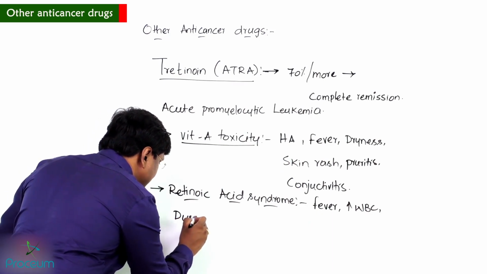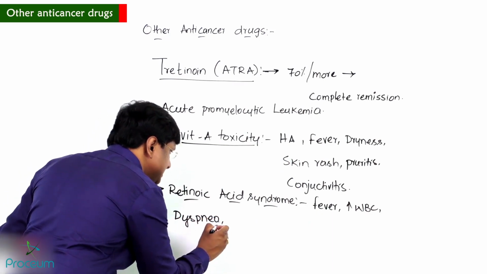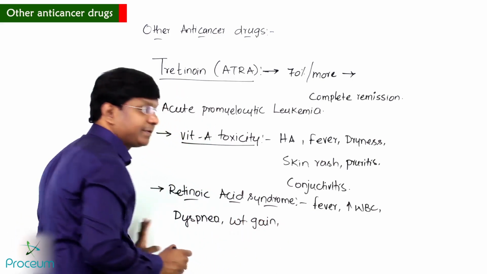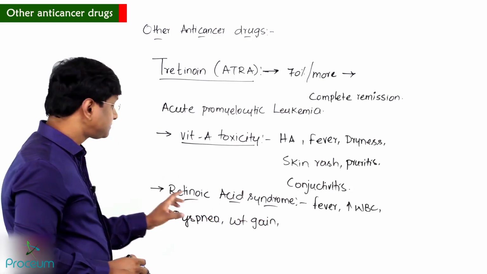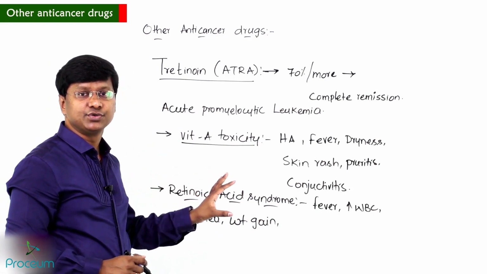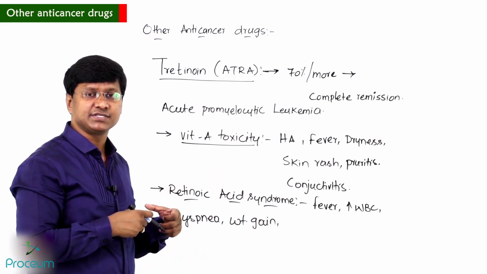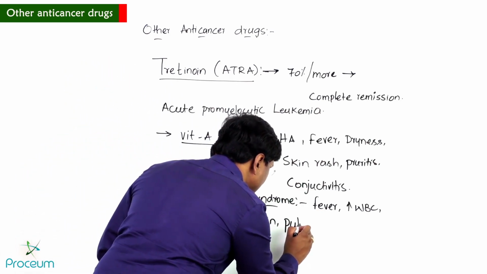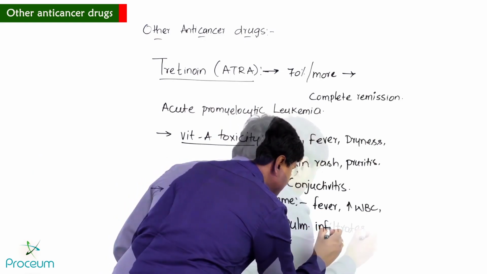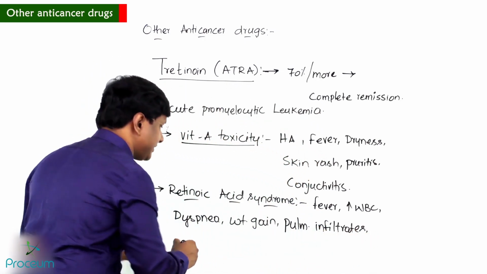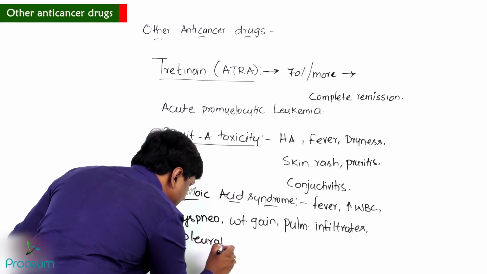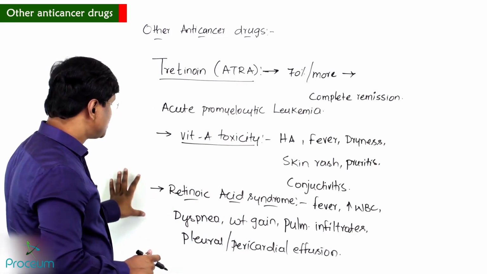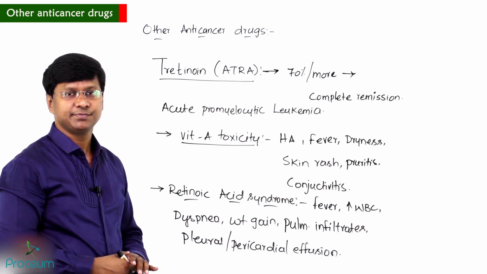The individual will have difficulty in breathing, that is dyspnea, and can also have weight gain. There can be pulmonary and cardiac manifestations: pulmonary infiltrates, or pleural or pericardial effusion. So those are the retinoic acid syndrome features.